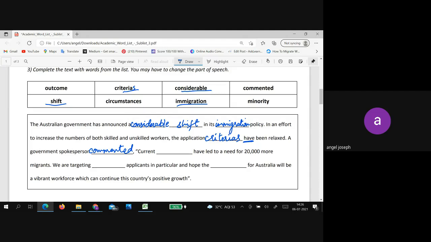What did he say? Current dash have led to a need for 20,000 more migrants. Current what? Current outcome, current circumstances, current minority. What is the most suitable?